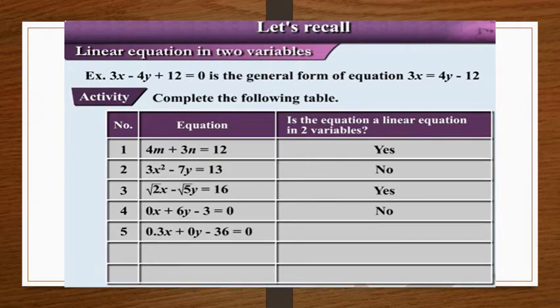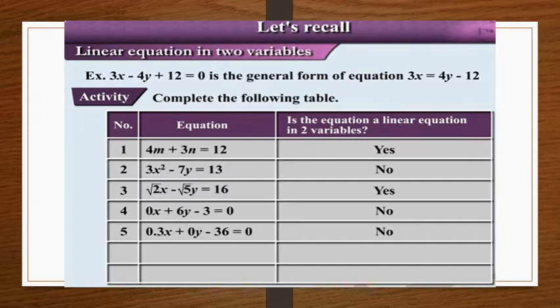In the fifth example, 0.3x plus 0y minus 36 is equal to 0. Again, we have the coefficient of y, that is b, is 0. So 0 into any variable becomes 0. So no longer does it remain a linear equation in two variables. So again, this is not a linear equation.